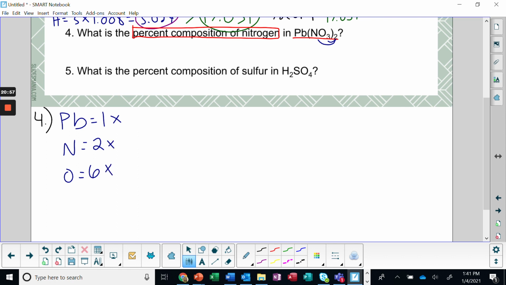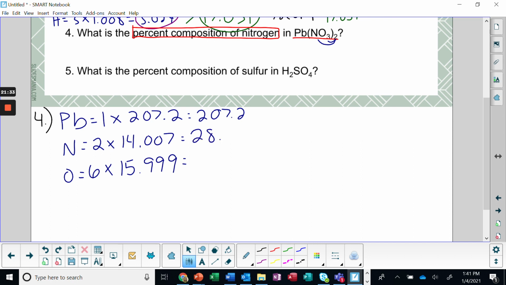Now multiply by the masses off the periodic table. 207.2, 28.014.